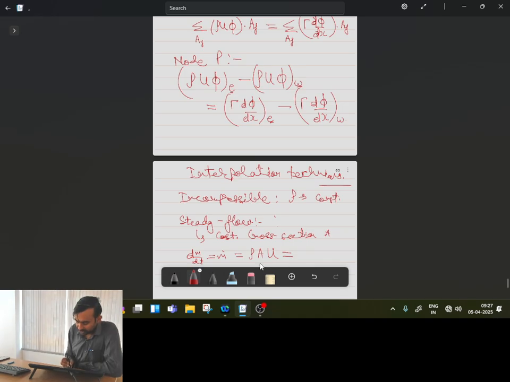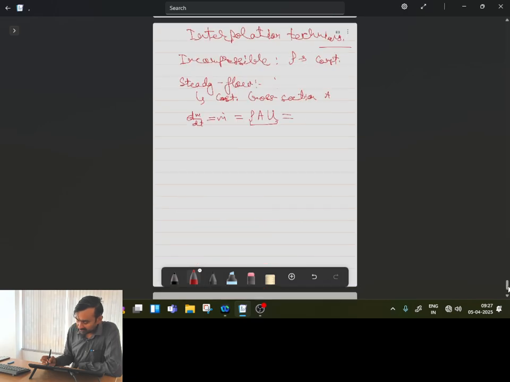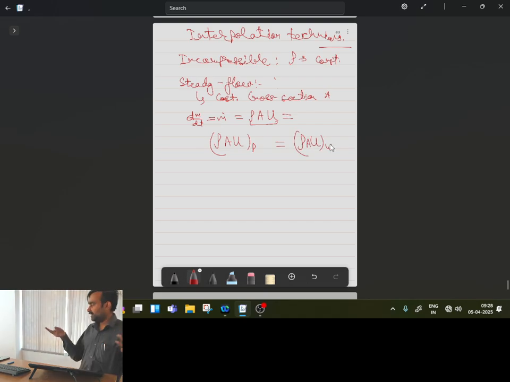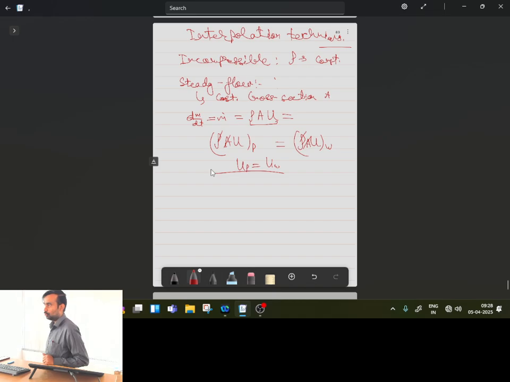So ultimately, from this you can simply say that if you consider multiple points, say some node P, if you consider rho A U at node P, and rho A U at node W or any node E, what will you get? Density is same, area is same. So ultimately, U will also remain the same at all the node points.